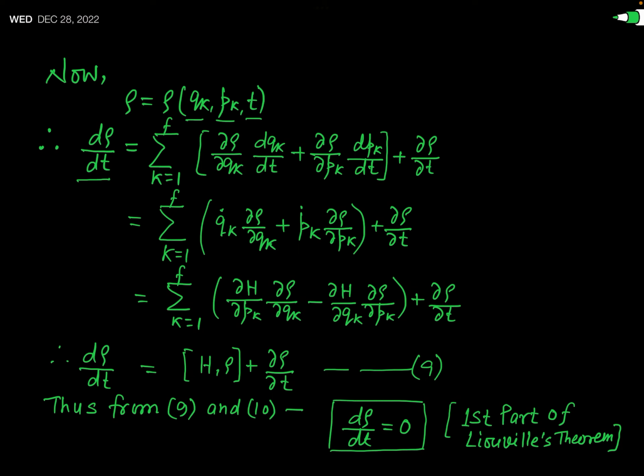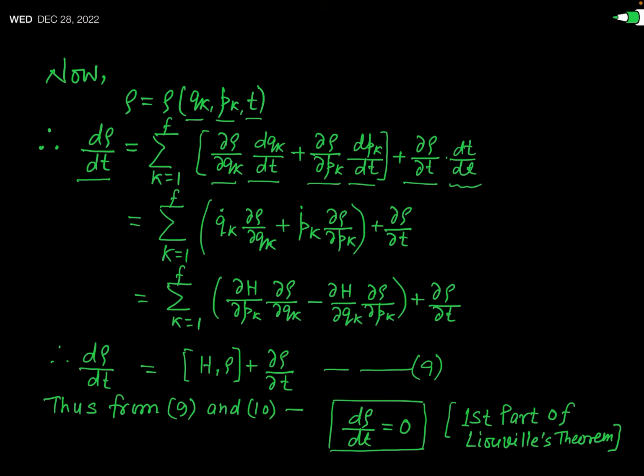Okay. So what will be our result? This will be summation over k of ∂ρ/∂qk times dqk/dt, plus ∂ρ/∂pk times dpk/dt, and plus ∂ρ/∂t times dt/dt.